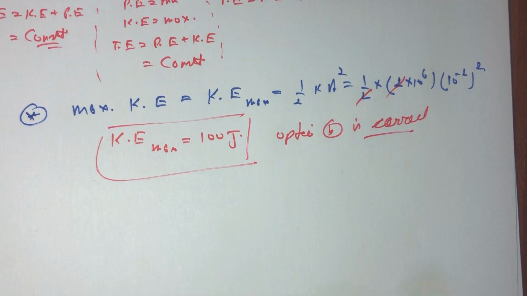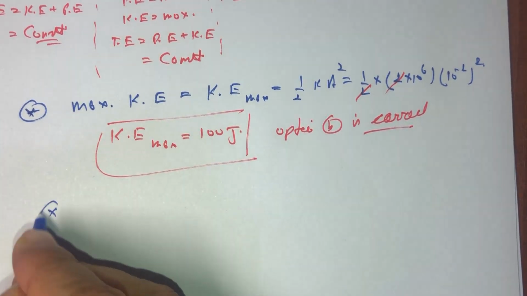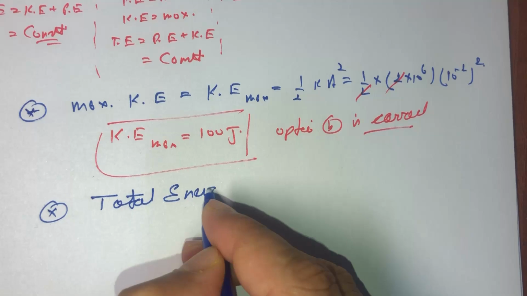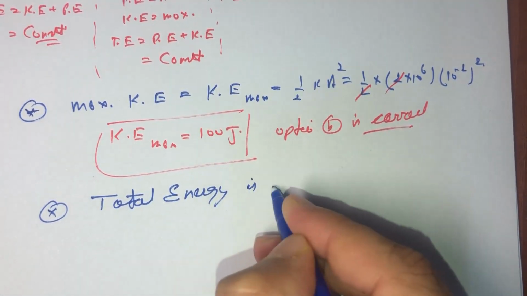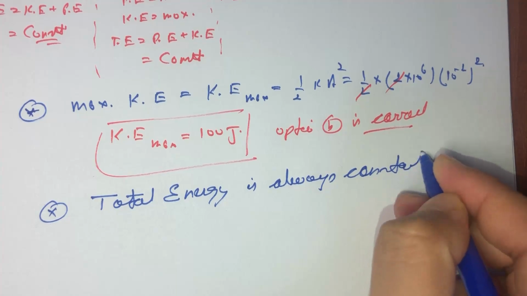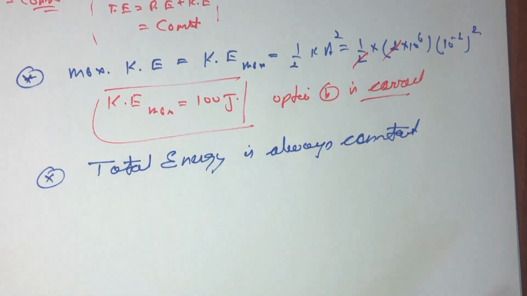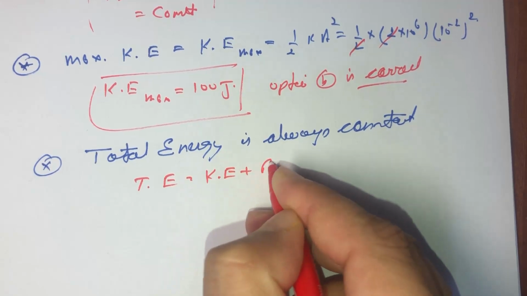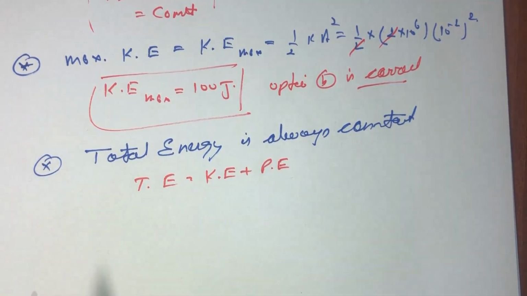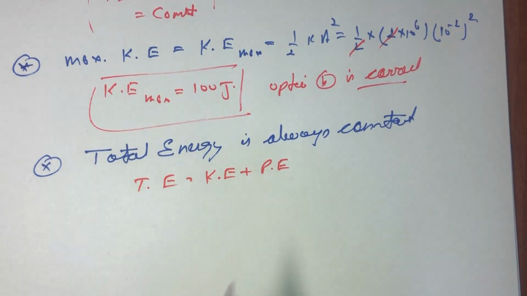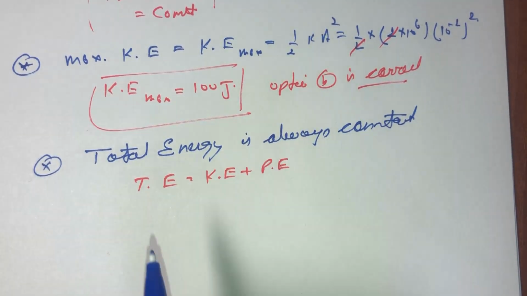Like I said, the total mechanical energy is always constant. Therefore we can write that total energy will be equal to kinetic energy plus potential energy. We have the kinetic energy as 100, so let us find the potential energy, and the total energy is given as 160.